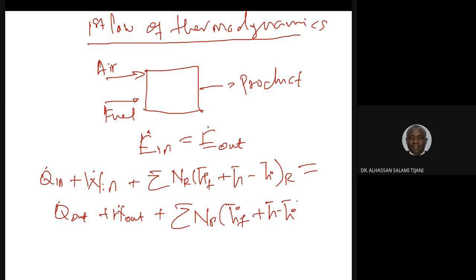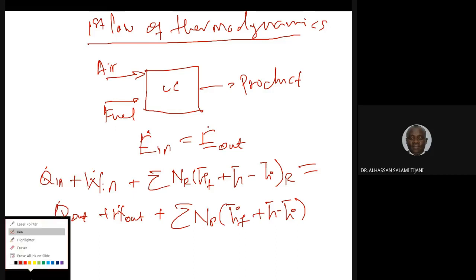Now if you look at this energy balance for the control volume system in this combustion chamber, there is no Q in. In other words, there is no heat input. Q in equals 0. There is no heat transfer to the combustion system.